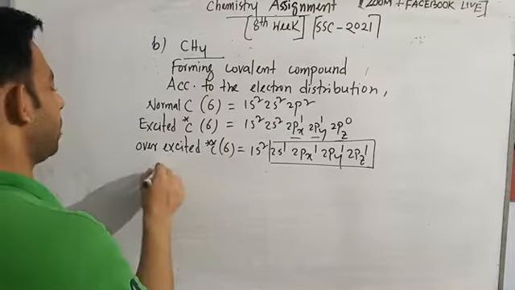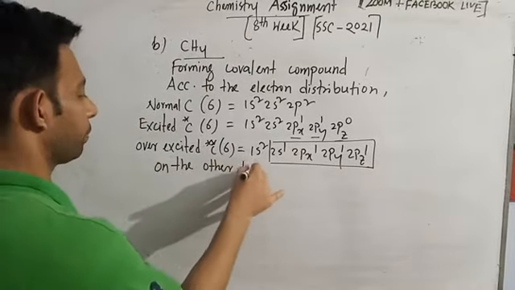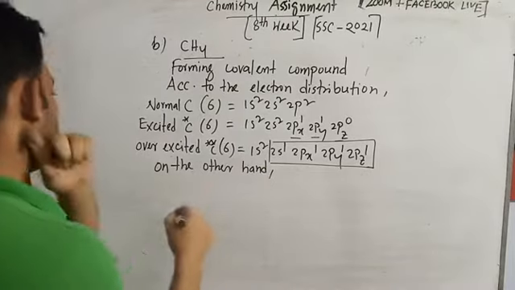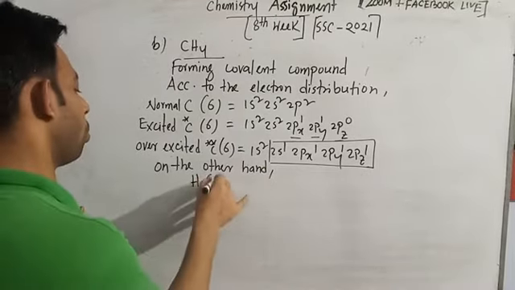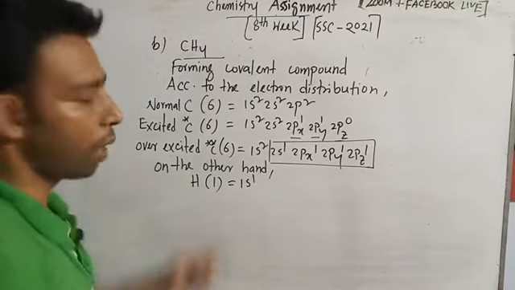Hydrogen, on the other hand, we have seen is 1s1. So 4 hydrogens are needed.